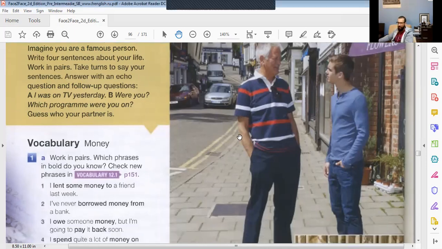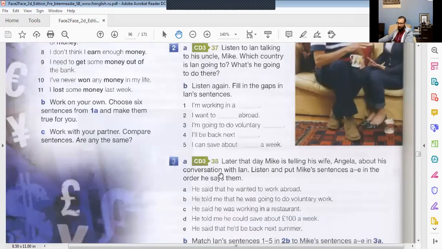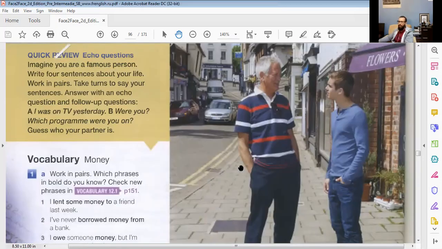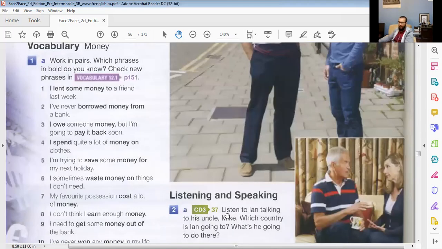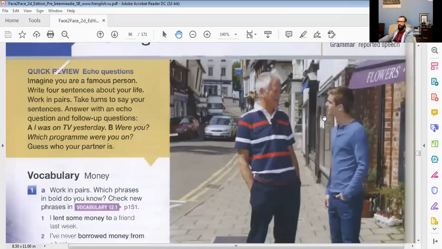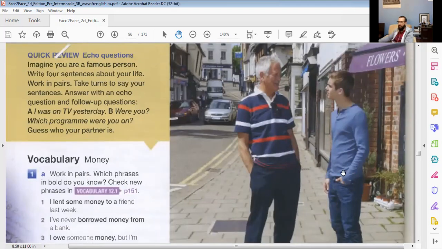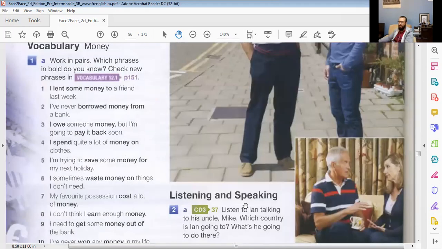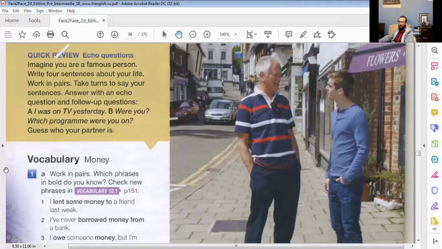Okay, so this is the first part of the conversation. There's another part. Okay, so let's see the questions first. Where is Ian going to? That's the first question. Going to Canada. Right, and what's he going to do there exactly?